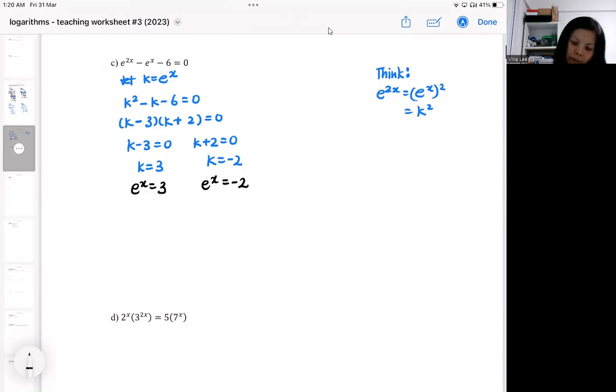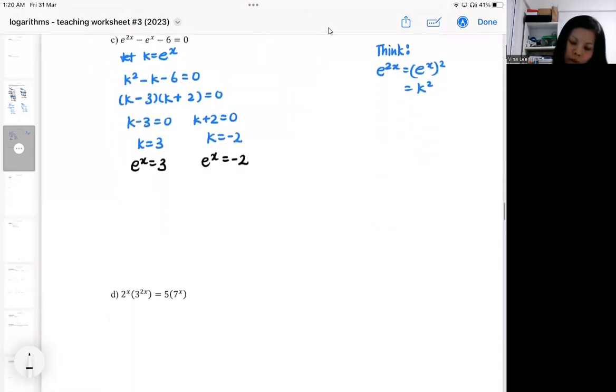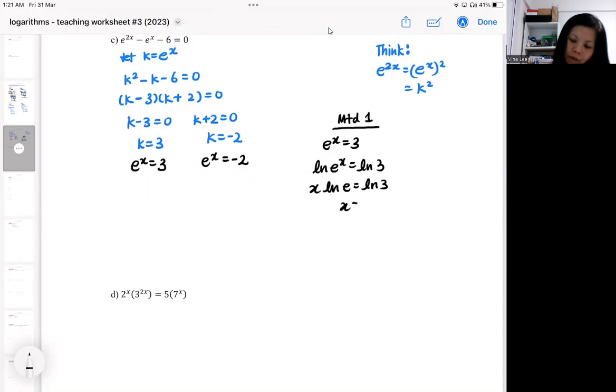Let me write down method 1 here. I can take ln on both sides. So e^x equal to 3, ln both sides, and you can bring down the power. So you will get ln 3, and you can punch calculator.